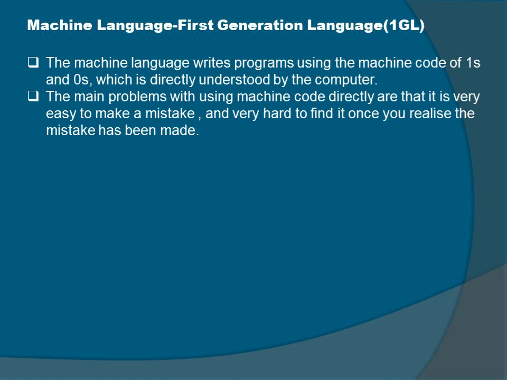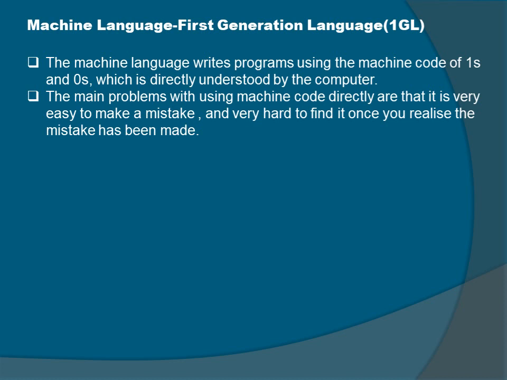Now we see about the machine language, that is the first generation language. The machine language writes programs using the machine codes of 1 and 0, which are directly understood by the computer, as the code is written so that the machine can understand. The main problem with using machine code directly is that it is very easy to make a mistake and very hard to find it once you realize the mistake has been made, as it consists of only two symbols, 0 and 1.